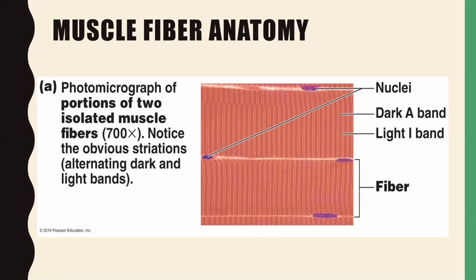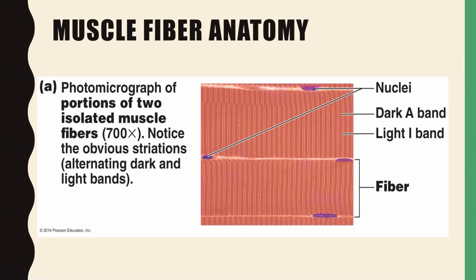The reason is the structure of the components within the muscle cell. The proteins found in the light band are very thin and allow light to pass through them more easily than those in the dark band.